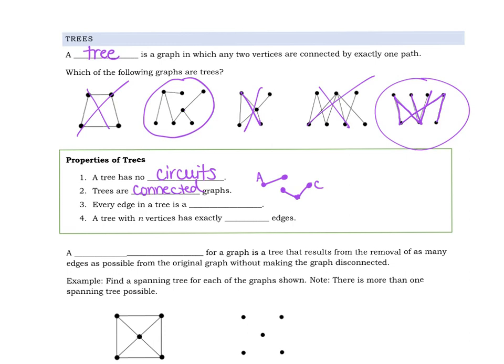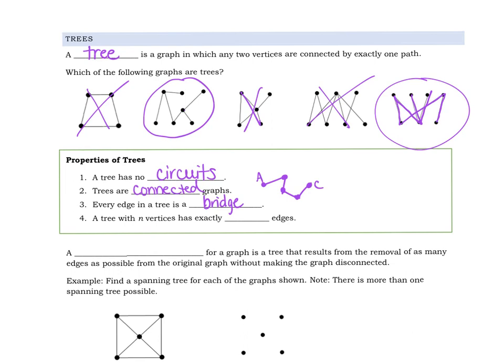Every edge in a tree is a bridge. And so if you remember what a bridge means, if I take any edge out, my graph is disconnected. So let's say I go ahead and connect up those two vertices that I hadn't connected originally. If I remove any of those edges, my graph is broken into two pieces. So any edge is a bridge.